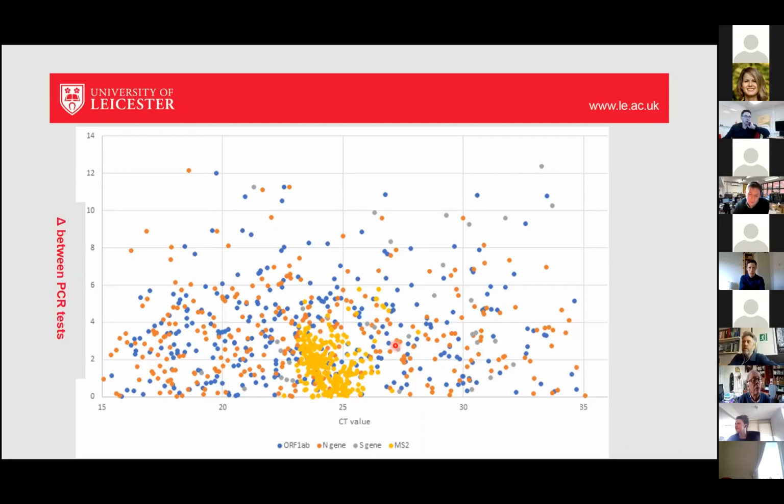And what I'm showing you here is one of the centres' evaluated CT value and the difference of that value from the other institute. And you can see that there is hardly any alignment. It is absolutely astonishing that the gold standard that we are using is PCR.